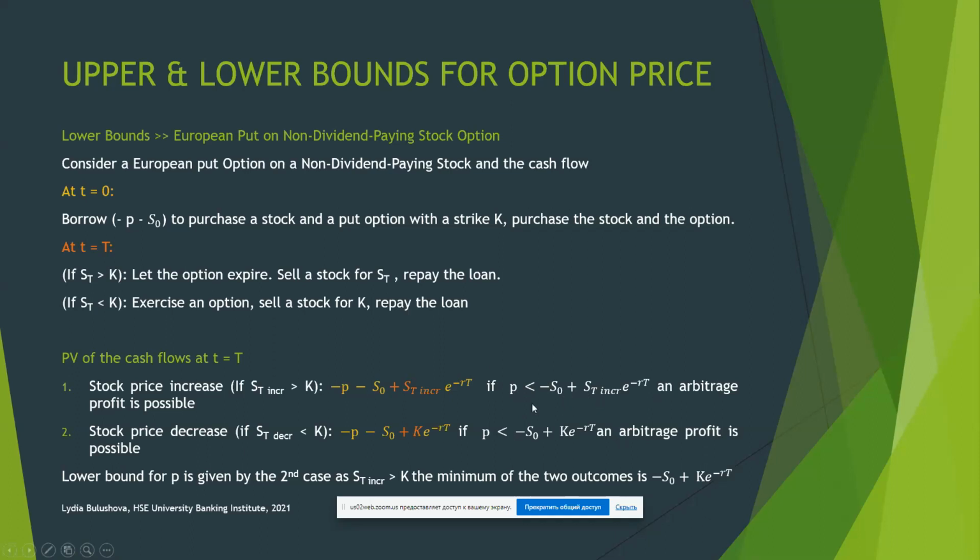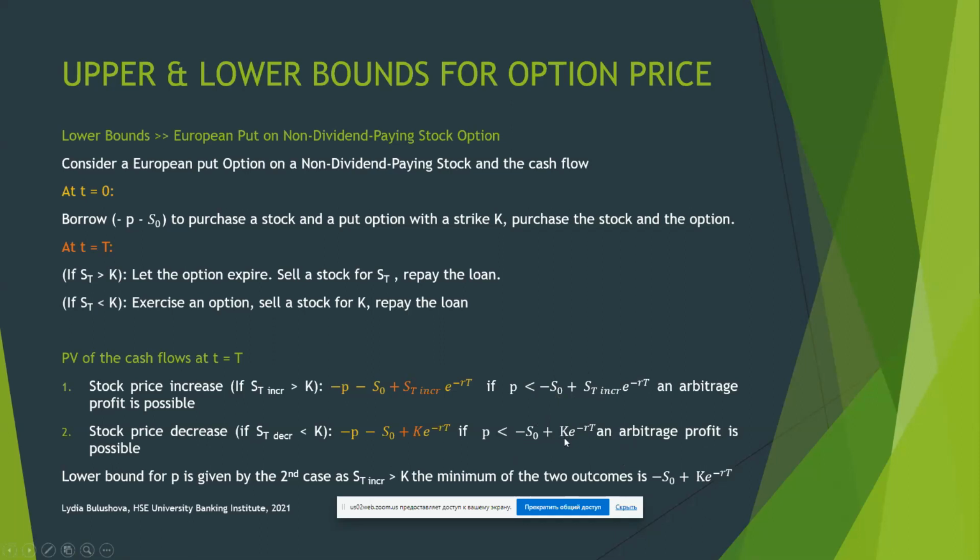Here is the same thing, the same arbitrage opportunity. If we have to select a lower bound, S sub 0 is the same. It has a minus sign. A lower bound is something with a lower part that is discounted, as the SK.